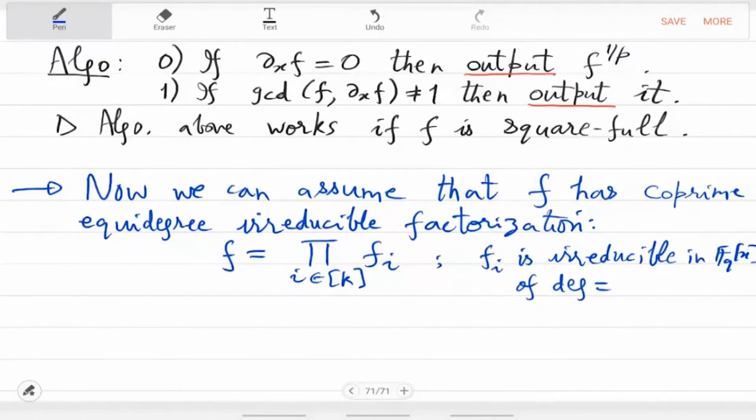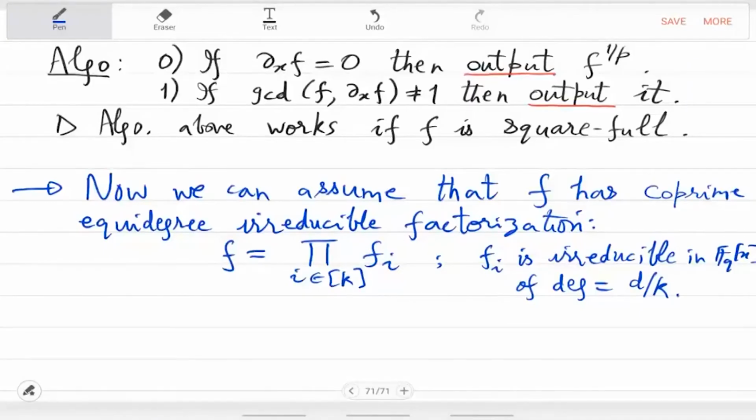They all have equal degree, and f has degree d, so it's d by k. Okay, so now we are in this setting: whatever polynomial is given to you, by either of these algorithms, when you use them judiciously, you will get to the point where f has k irreducible factors, each of degree d by k, and they are unknown. But k is known, right?